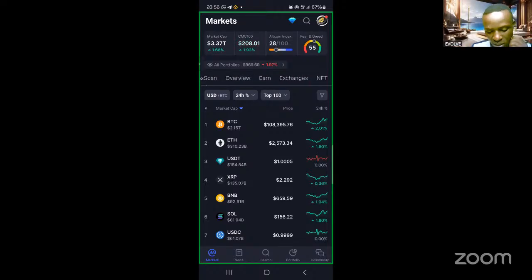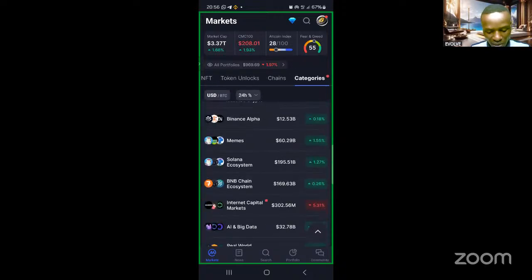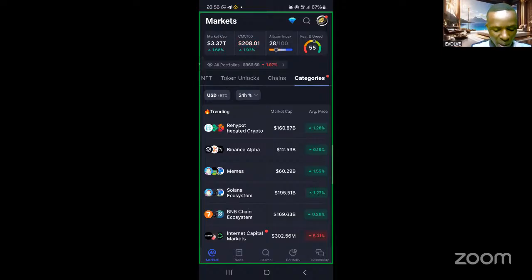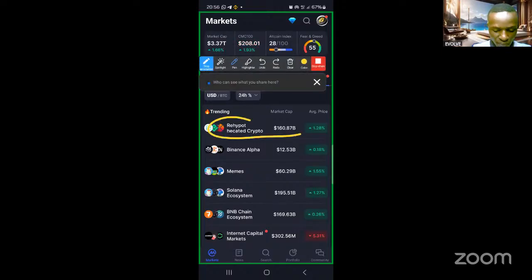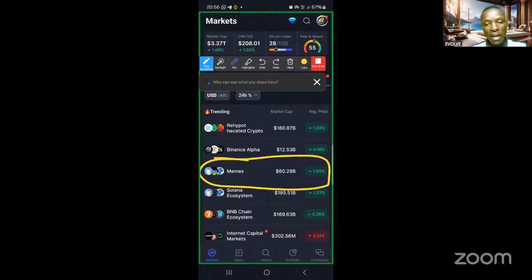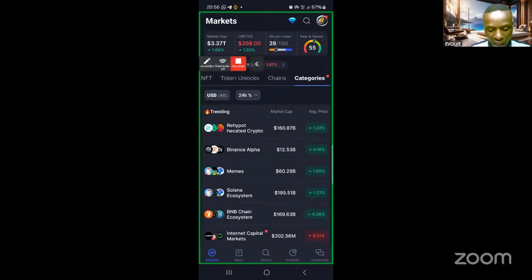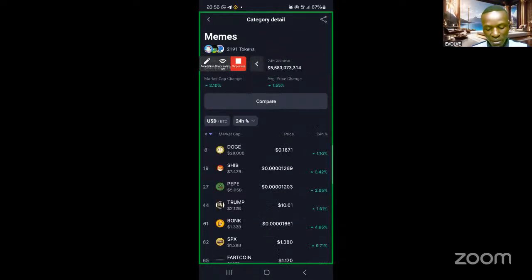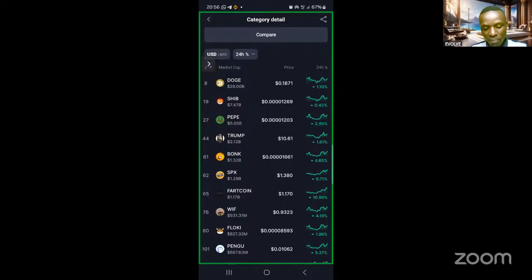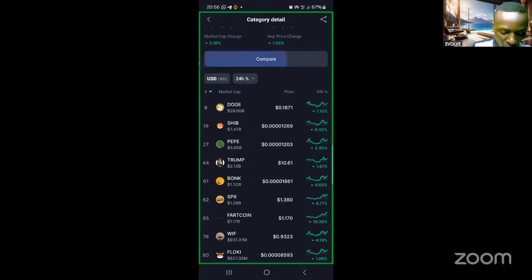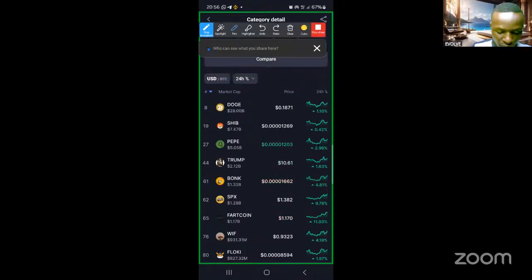Guys, the time is taking a bit long, but you are going to be patient. I need you to understand what I'm showing you. So you can come here in the categories. You just check out, these are meme coins. You can see this is a category of meme coins. If you want to know which meme coins are there, you can come on your market cap and see them.